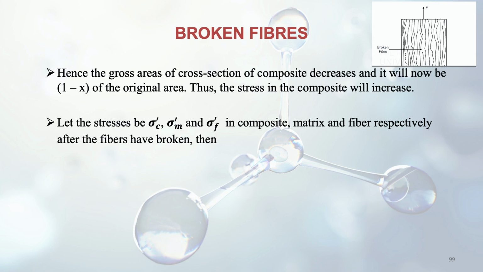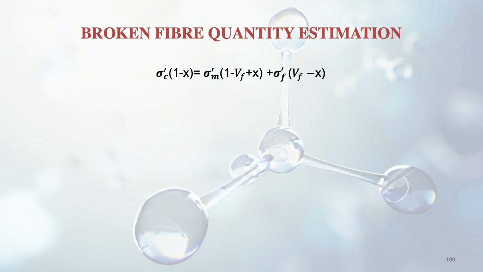So from there we get sigma C dash into 1 minus X, meaning 1 minus X is the volume fraction of the composite, is equal to sigma M dash into 1 minus VF plus X. We have calculated this for the matrix, plus sigma F dash into VF minus X, because X has gone from the fibers. So this expression comes in.